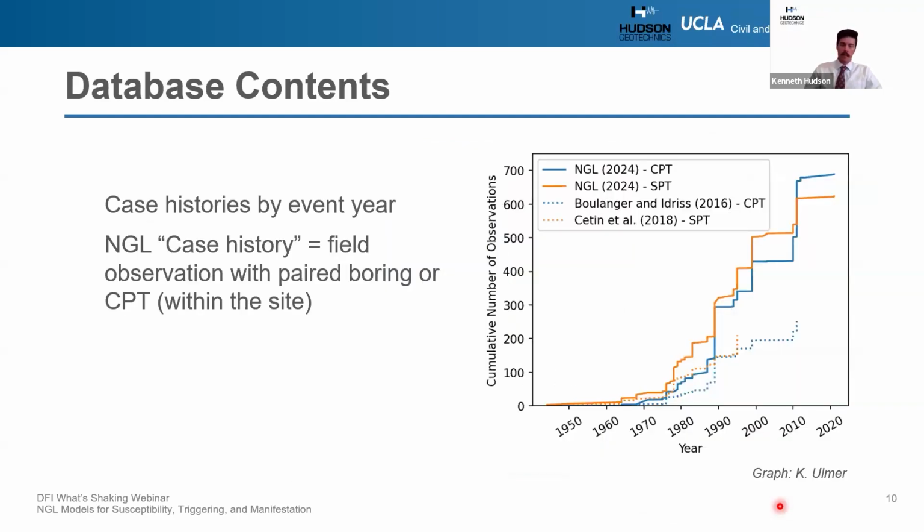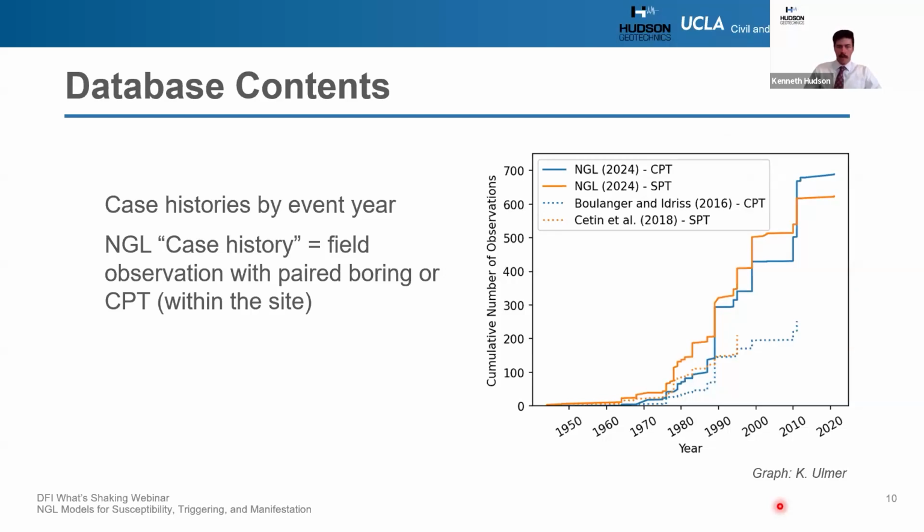And the size of this database has become quite large. Here is a plot of the cumulative number of observations within our data set with the year that those observations were made. Each of those observations can basically be thought of as a case history when it is paired with an in situ test like a boring or a CPT.